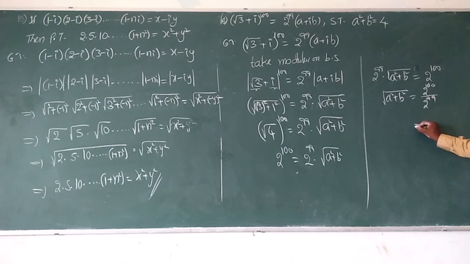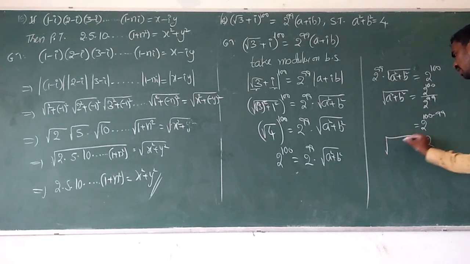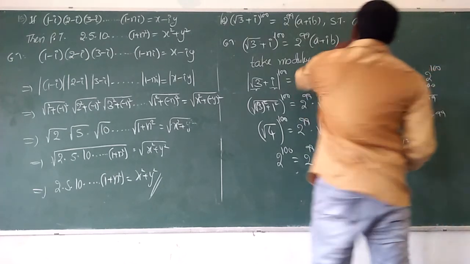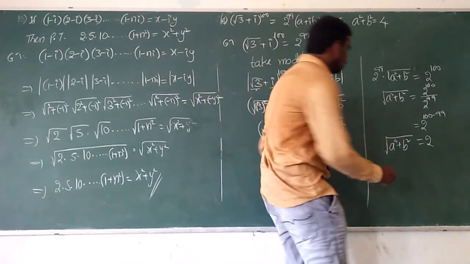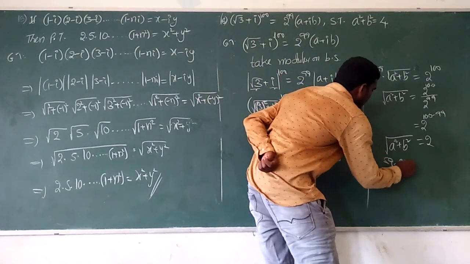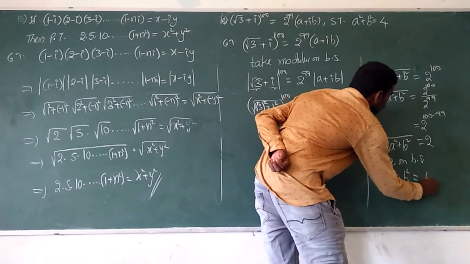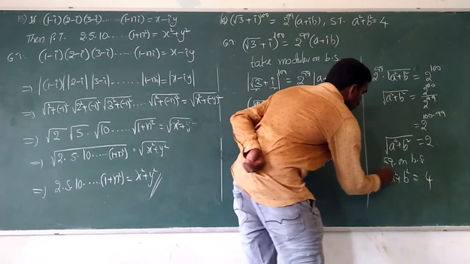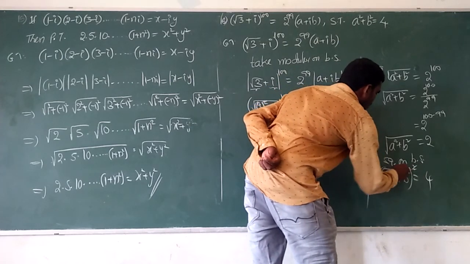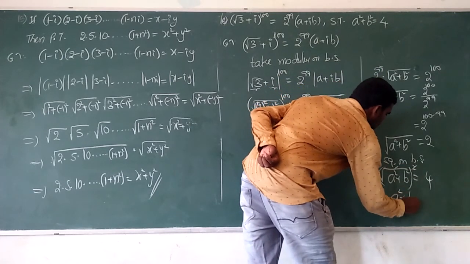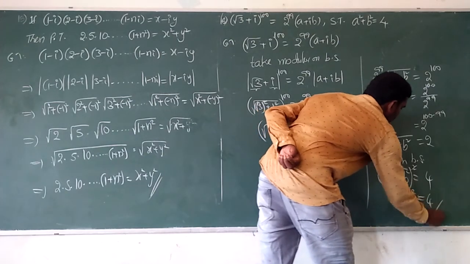So it becomes 2 power 100 minus 99, so 2 power 1, 2 is remaining. Okay, squaring on both sides, because we want a square plus b square, not the root. So a square plus b square is equal to 2 square, which is 4. Now the square root cancels, remaining a square plus b square equal to 4.